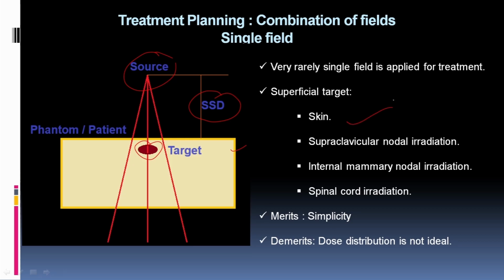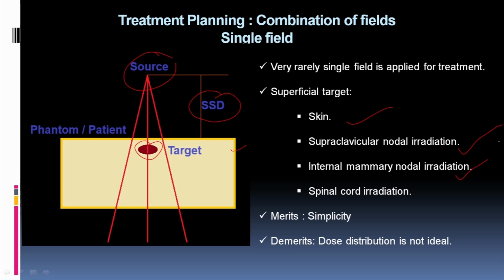Supraclavicular nodal irradiation can also be done by single field, during the treatment of breast cancer patients. Similarly, internal mammary nodal irradiation is also done. This is the nodal area which needs to be irradiated for breast cancer patients.